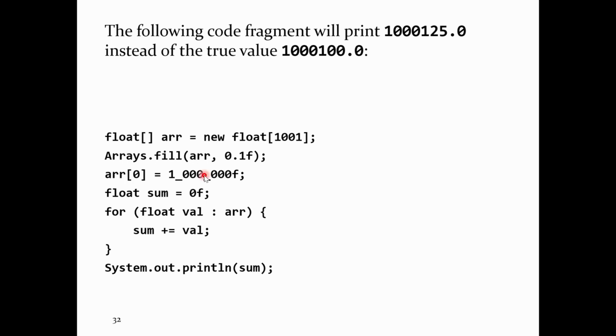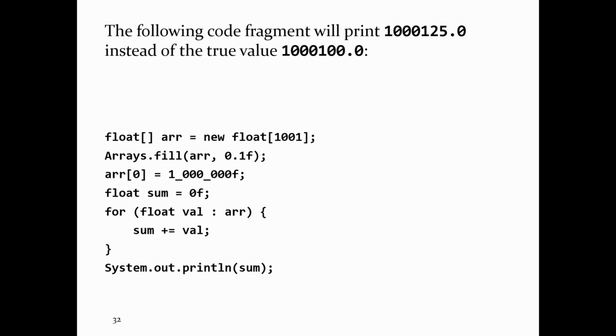And these numbers aren't even particularly large. That's 1 million, that's 0.1. The reason this occurs is because the magnitude of these two numbers is very different. So imagine what this sum actually looks like. You start out with 1 million, and then you add 0.1. And you know what happens when you add a small number to a large number: you lose part of the small number.